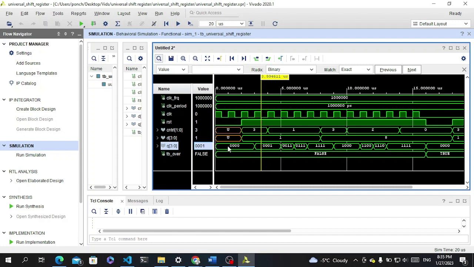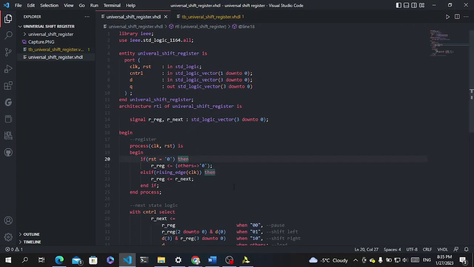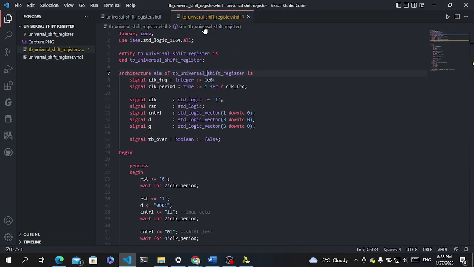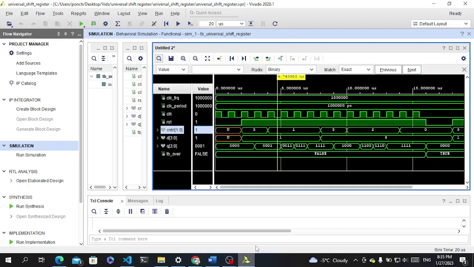So here now we start shifting. We input this one, and then we start shifting as our control says here. As we said, we shift left when we have 0, 1 for control.